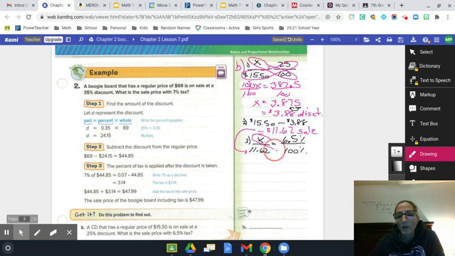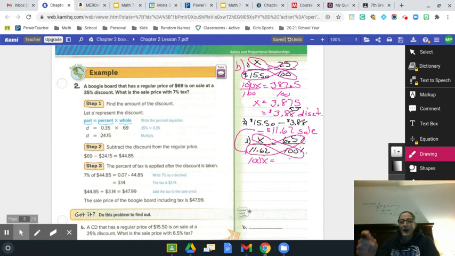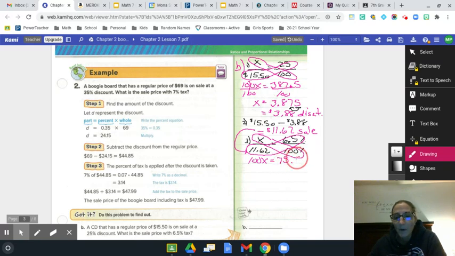So we're going to do 100 times x again equals $11.62 times 6.5. Always work these out with me. So the decimal you should see when you multiply those two is 75.53.